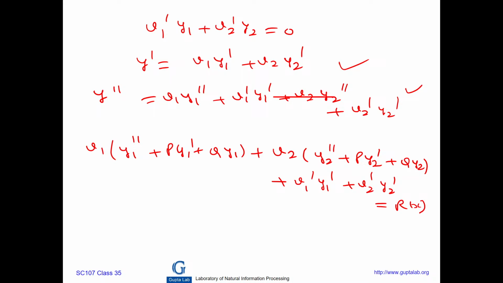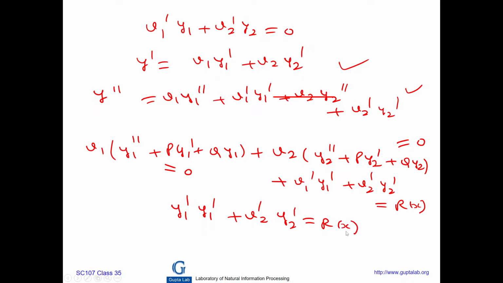And y2 is also a solution of the homogeneous equation, so this will be 0 also. So these two terms will be 0. So we are left with v1 prime y1 prime plus v2 prime y2 prime is equal to rx.